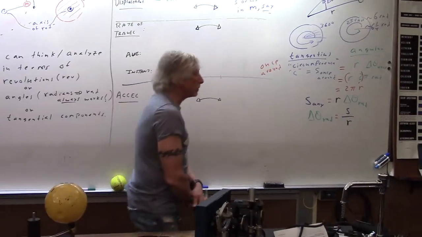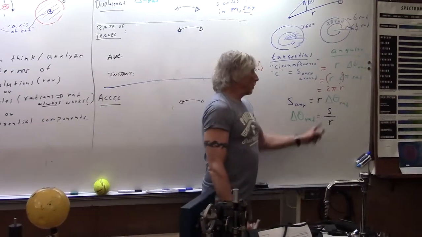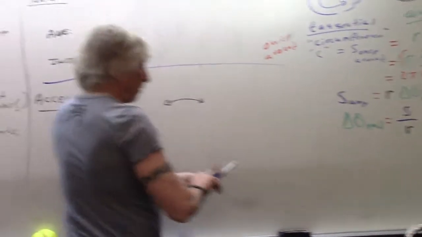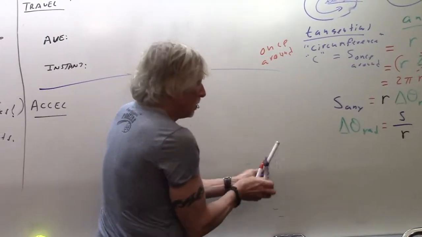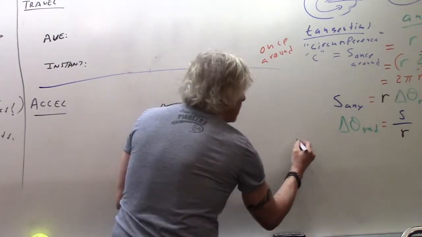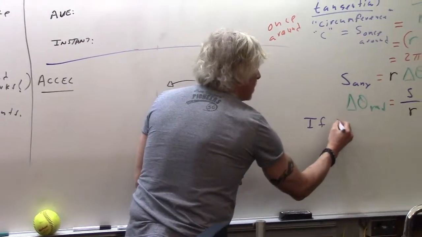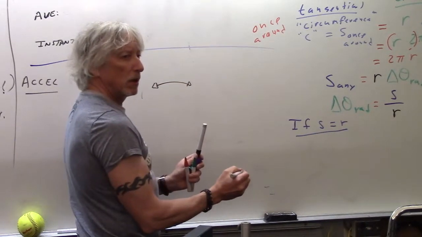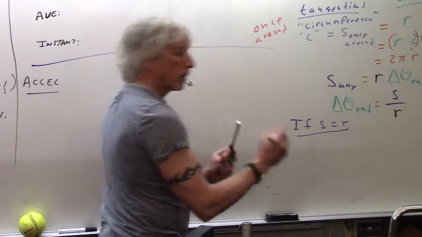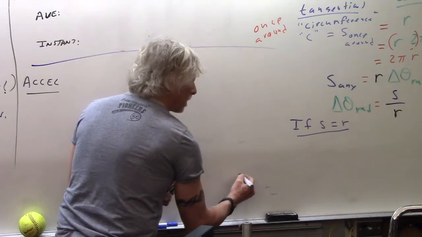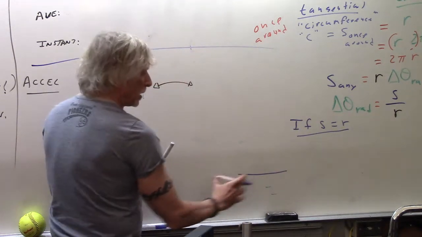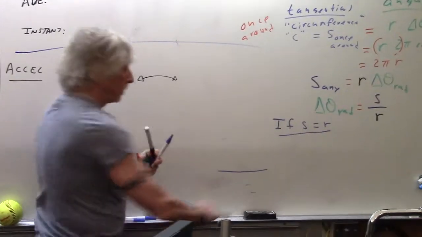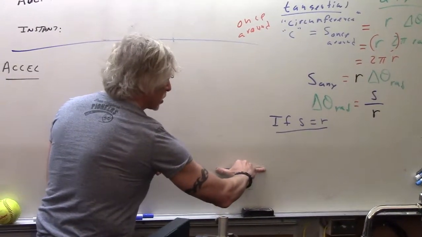Now what if the arc length equals the radius? So if S is equal to R, imagine that picture. Here's the radius, so let me make that here. Can you get that in there, Rudy? Yeah. Let's do it right there.